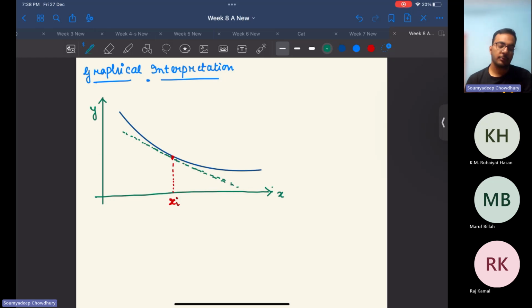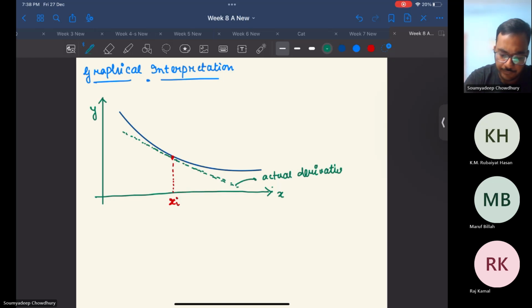So now what are we doing in forward, backward, and central differences? The slope of this line gives the actual derivative. Now if we take two different points here, say the next point is xi plus 1 and this one is xi minus 1.